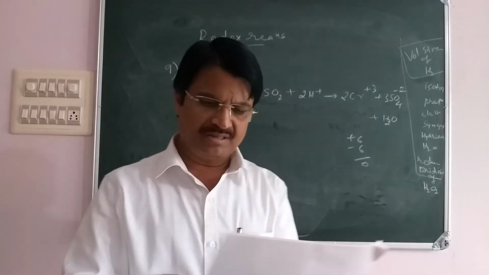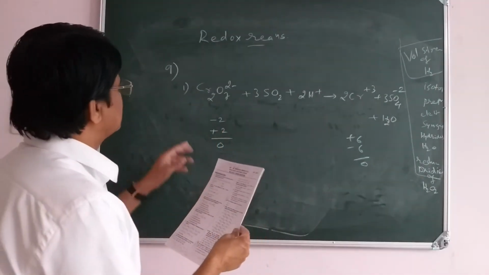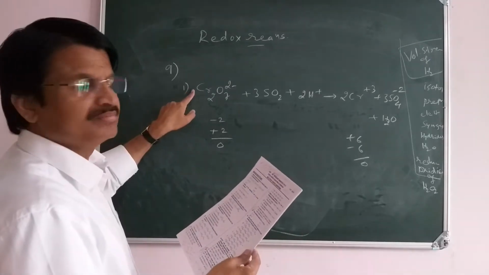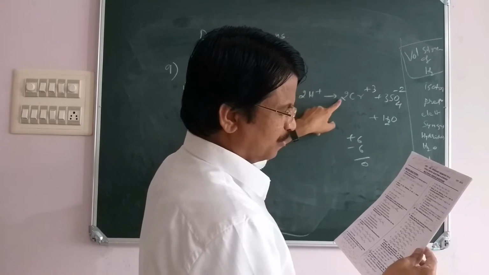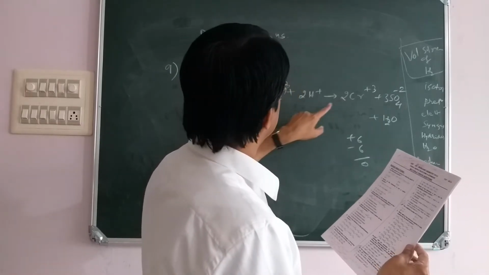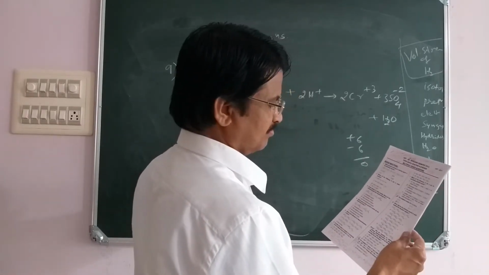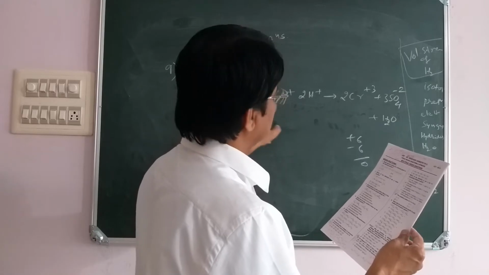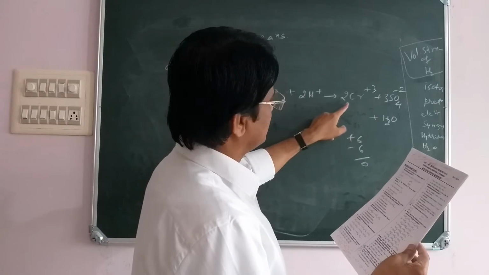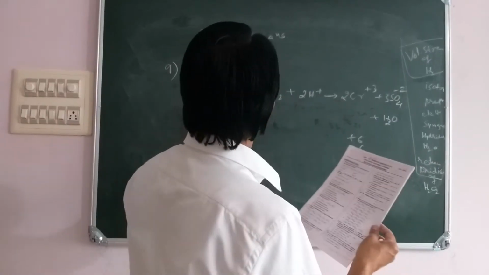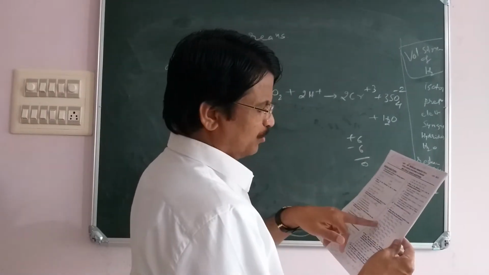Second option, 2Cr power 2 minus. They give here 2, and it should be 4. Okay, 4 is given. Then 3SO2. Right side 3SO4, it is also true. 4Cr3 plus, here they give 4.